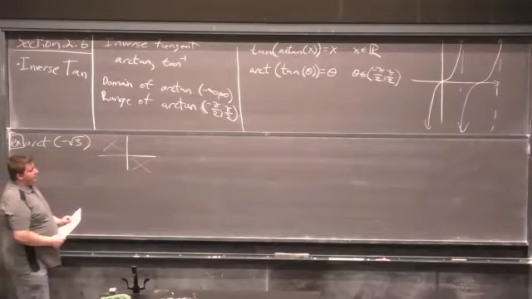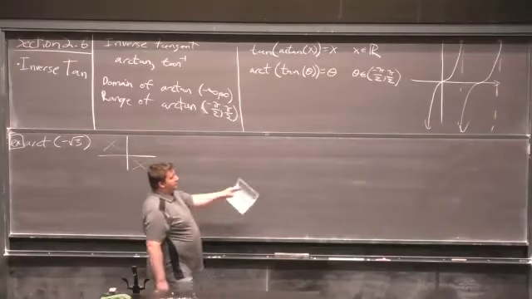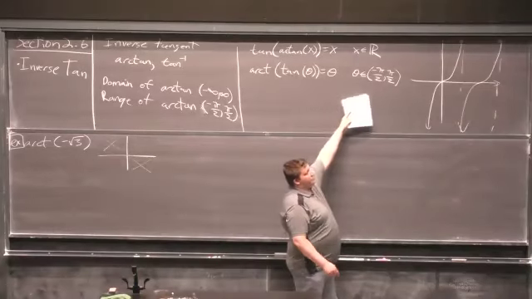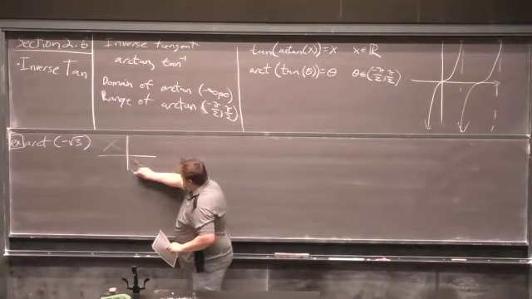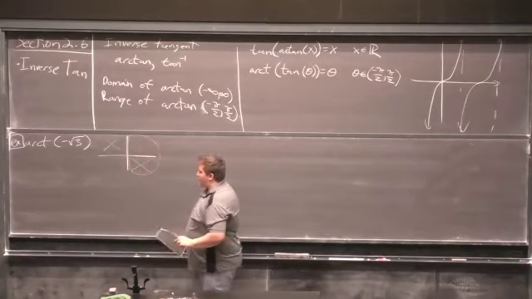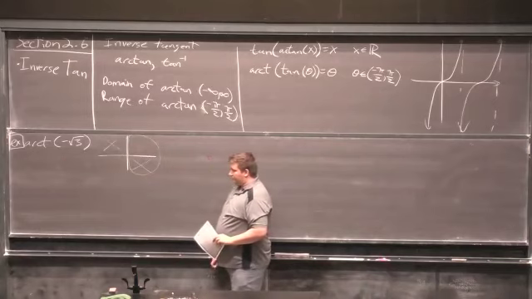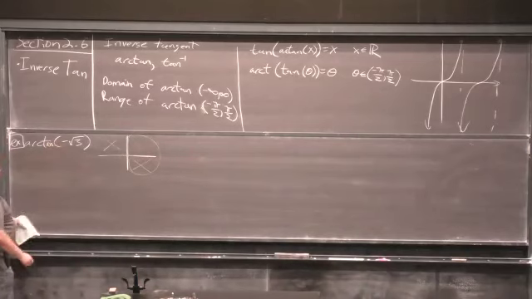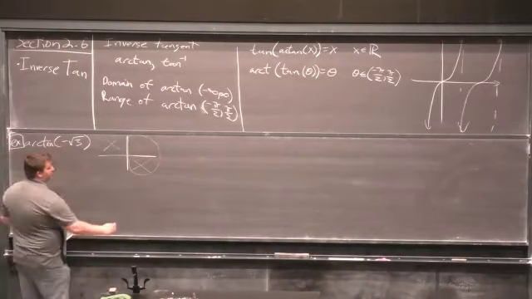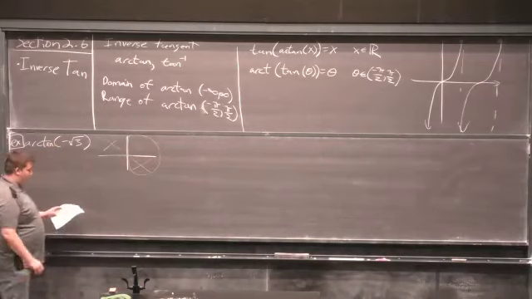And the angle output is somewhere between negative pi over 2 and pi over 2. So this is the range of our output for arctangent. And so that means we're going to be working with quadrant 4.